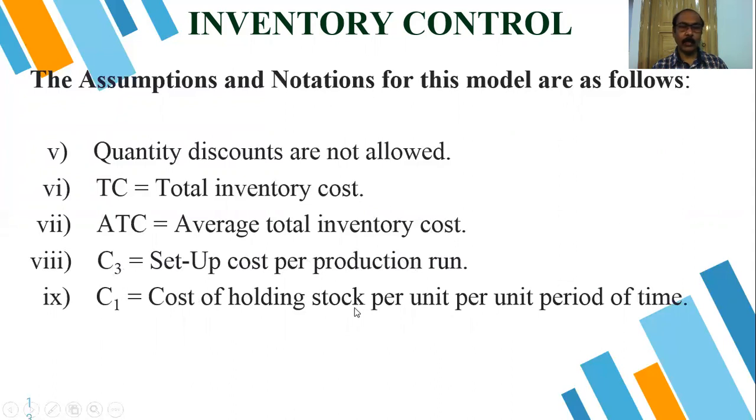C1 is the cost of holding stock per unit period of time. This is the holding cost, C1. It is basically related to the item cost as a percentage, which was already discussed in the previous class. We have to use these symbols, and they are also variables.